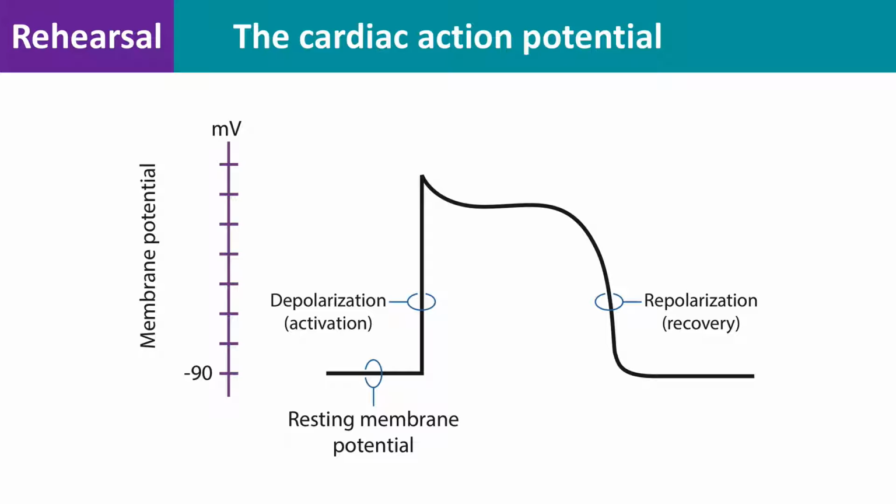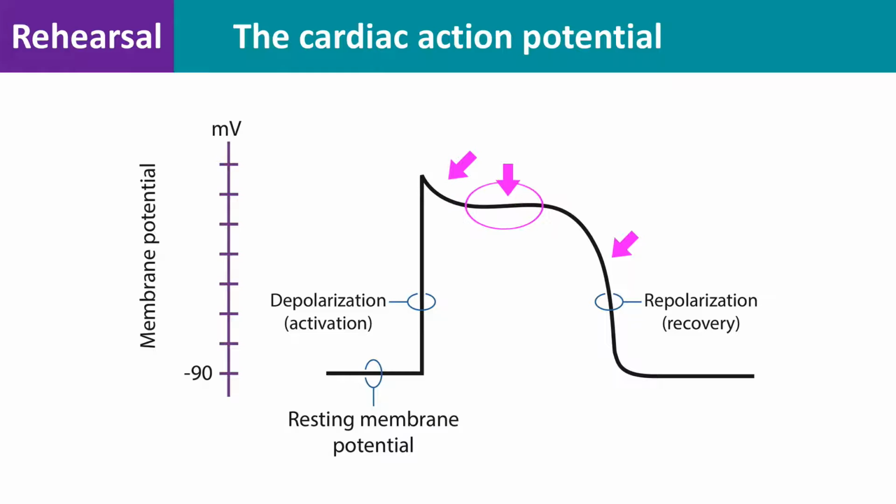You should also note that the repolarization of the cardiac cell is done in 3 steps. It starts with the initial repolarization, which is an incomplete process because it only repolarizes the membrane potential slightly.